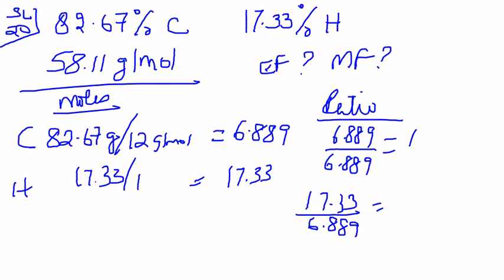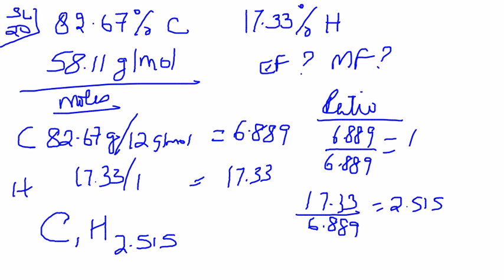On my calculator, that's coming out to be 2.515. So your empirical formula is looking something like C1H2.515. But guess what? Like we decided, the moles can never be fractions.